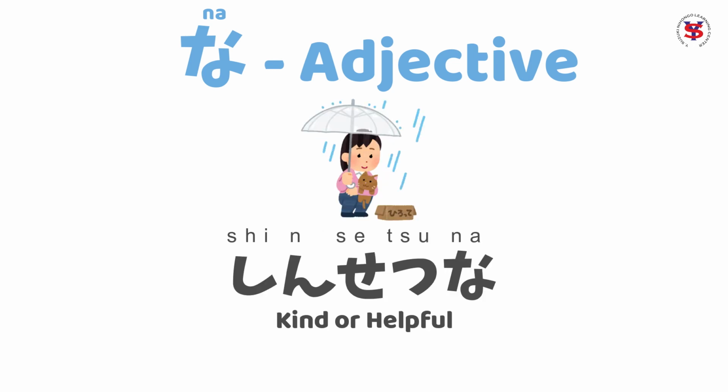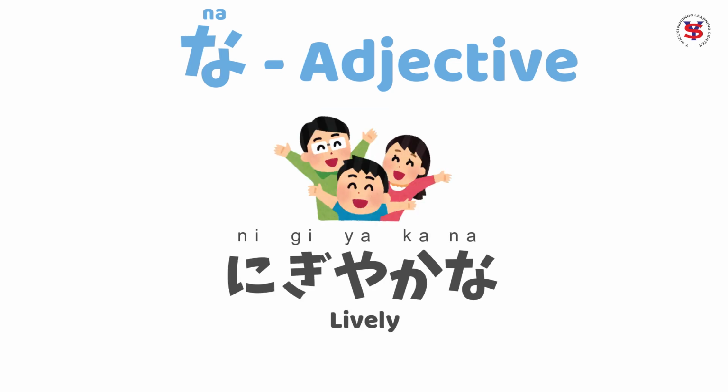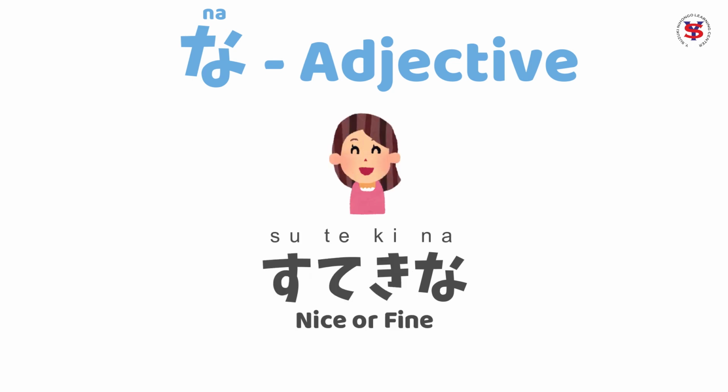Shinsetsu na to say kind or helpful. Nigiyaka na for lively, and sutekina for nice or fine. Ang mga ito naman ay mga na sa hulihan, kaya naman tinatawag silang na adjectives.